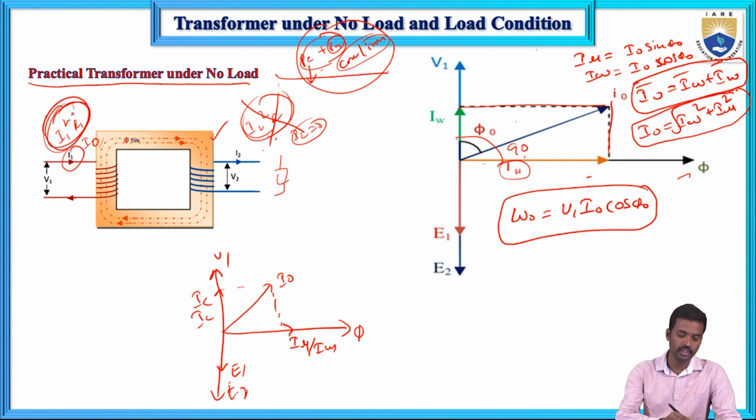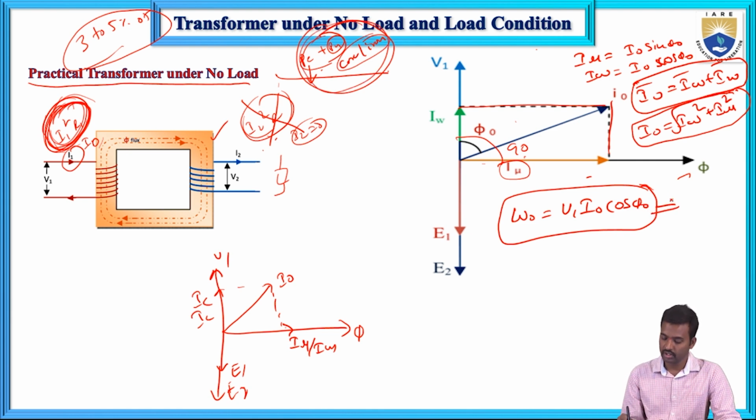Under no load condition, this I1 current is very less, around 3 to 5% of the full load current of the transformer. So these losses are negligible. Only we have core losses, so this power loss can be called constant loss, core loss or iron losses.